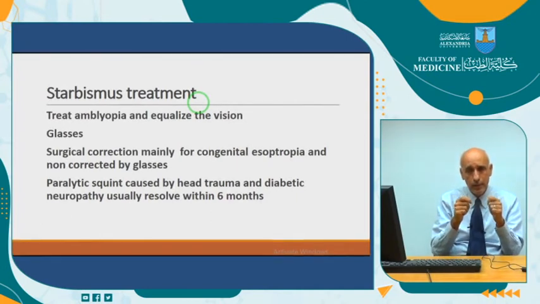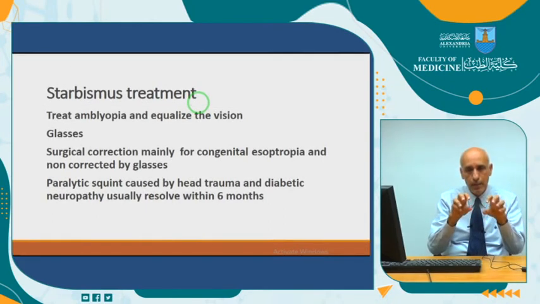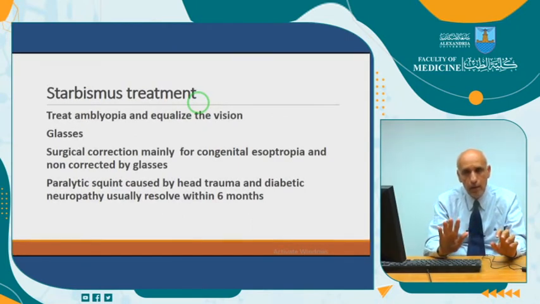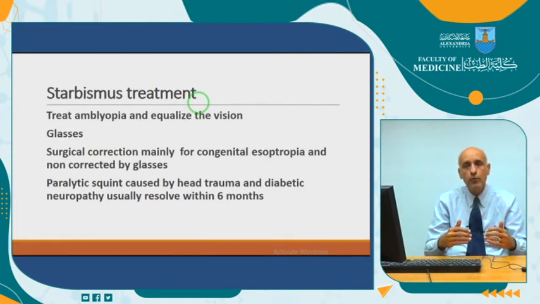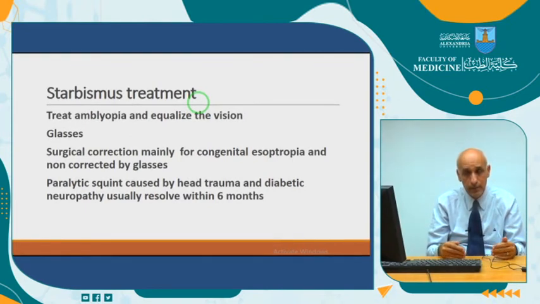Whenever you examine a child, you have to be sure that the red reflex is present, in both eyes with the same brightness. It's very important. Whenever you find there is loss of the red reflex in any eye, this is a serious condition. You have to refer this child immediately to an ophthalmologist.